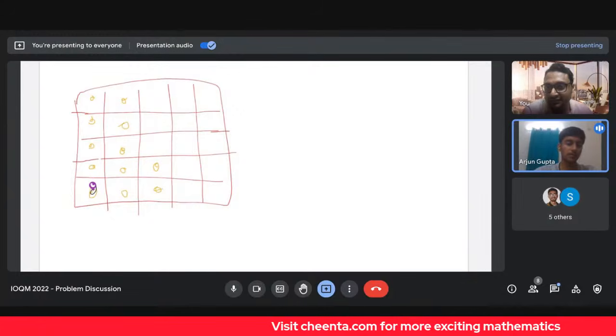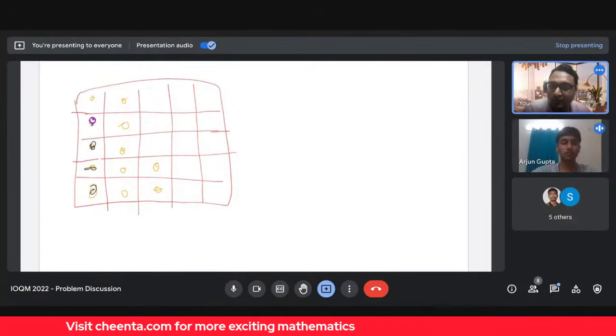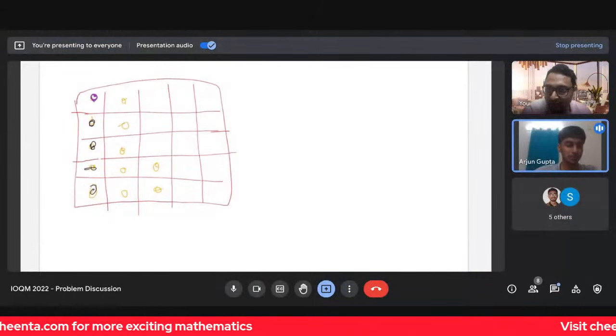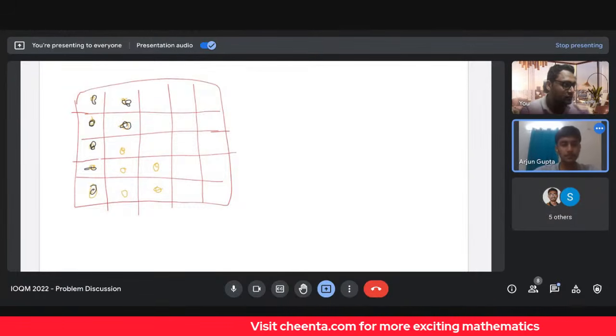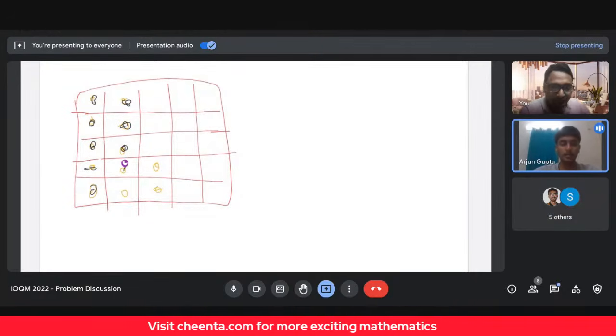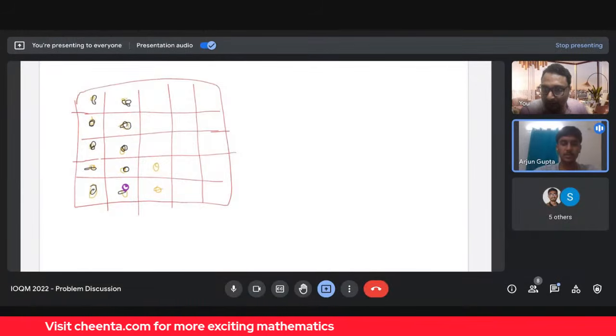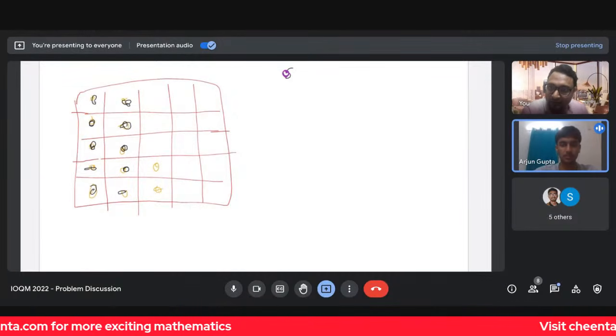So basically for n equal to 5 and k equal to 3, we want to find the minimum number of rooks we have to place such that we can always guarantee some 4 rooks do not attack each other. We are claiming that the answer is 5 times 3 plus 1 equal to 16.